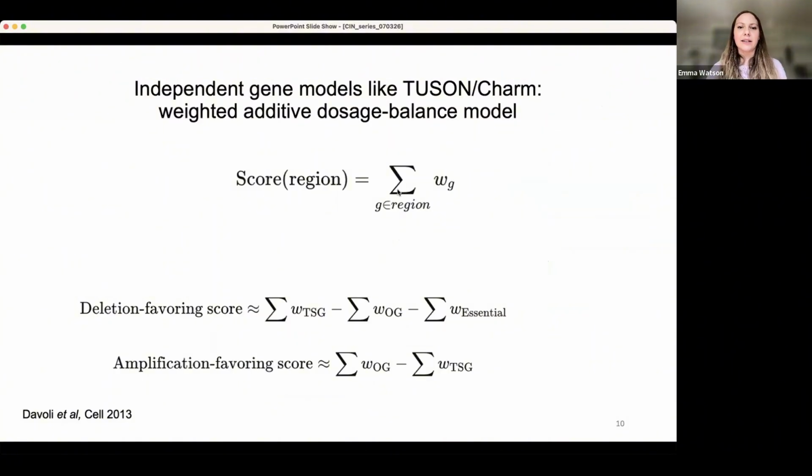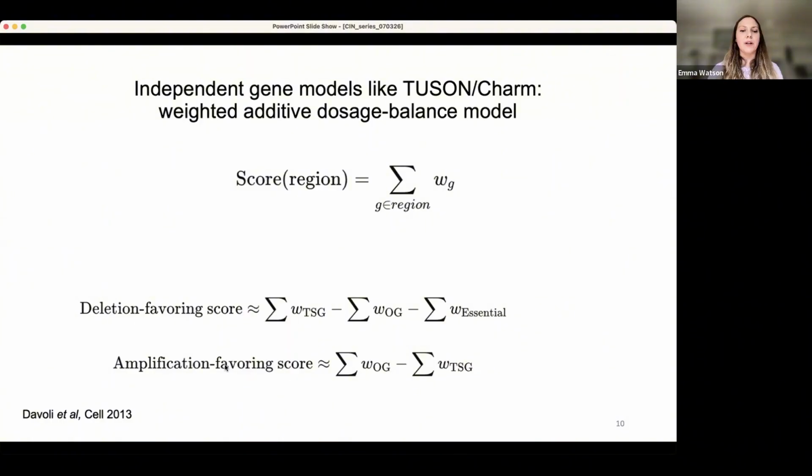The selective potential of an aneuploidy for a given region of a chromosome depends on the sum of the weighted gene effects across that region. And so for a deletion favoring score, this would look like there being more tumor suppressors on a chromosome arm than oncogenes and essential genes.